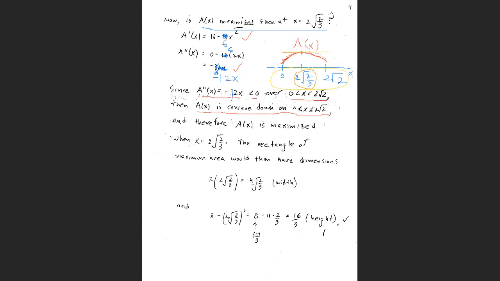The second derivative of the area is negative. So the area function's concave down over that interval. Well, that means at my critical value, 2 times the square root of 2/3, the area function is maximized.